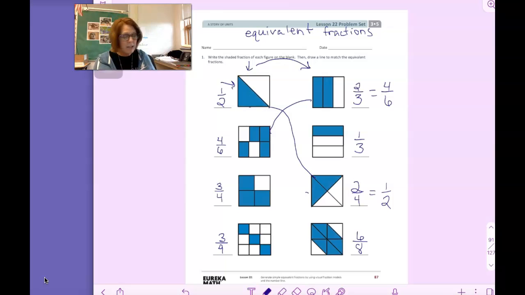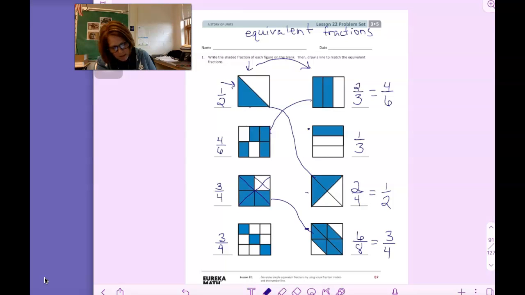Next, we have 3/4. So look at the remaining fractions, and which one of those, so we're looking at this one or this one, is the same as 3/4. If you said 6/8 is the same, you are correct. So 6/8 is equal to 3/4. And we could visually pretend that we draw these extra lines that they have on that one.